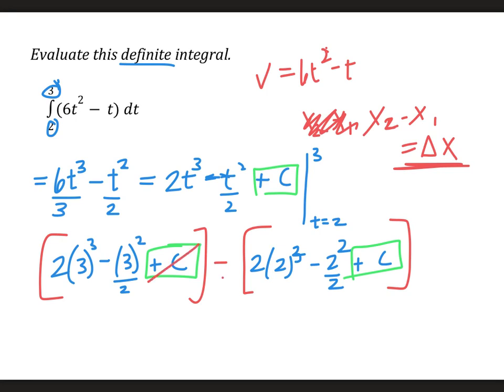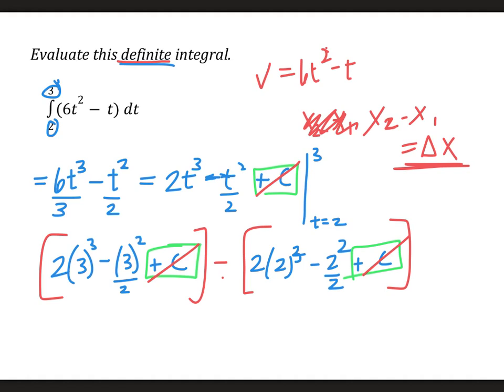So these constants always drop out. They always subtract out. And so when we do this process, we generally don't even include the c at this step, because eventually with a definite integral, that constant disappears. So why bother putting it in there and making my life more complex here?